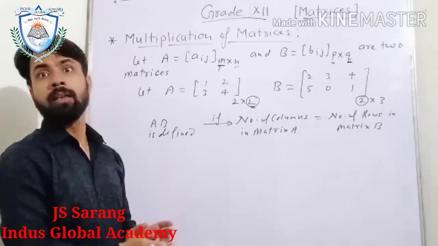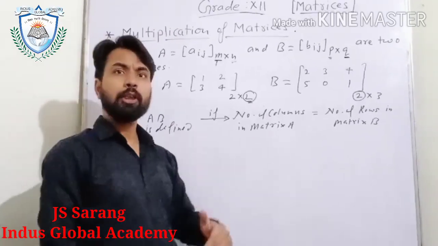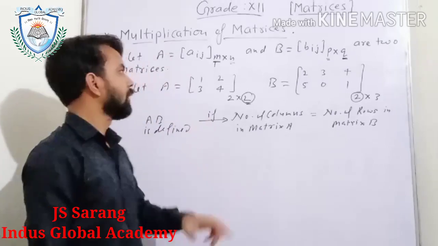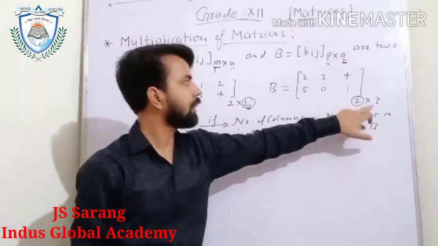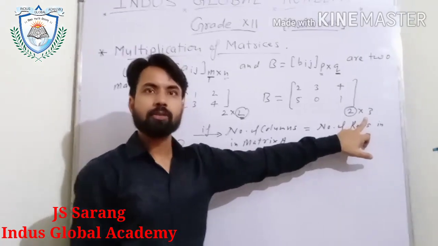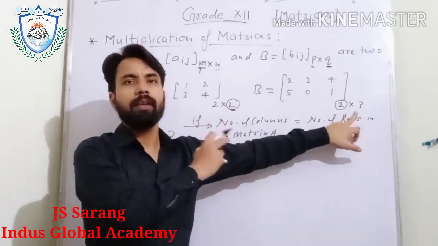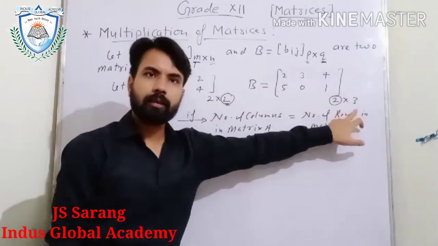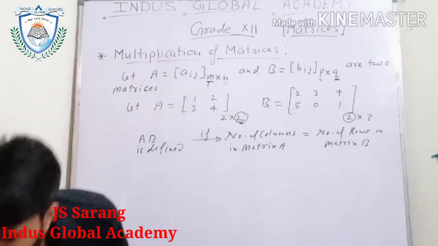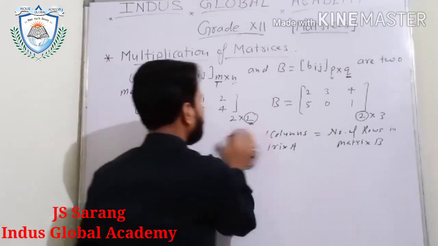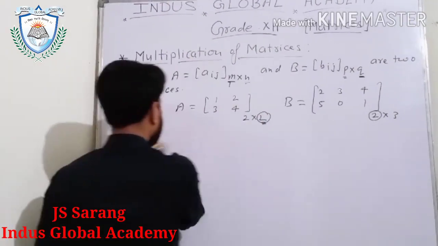Understood? And what will be the order of the new resulting matrix? The first quantity of this order is 2 and the last quantity of this order is 3. So the order of the product AB will be 2 by 3. Got it? So here multiplication is possible. Now how can we find the product of these two matrices?